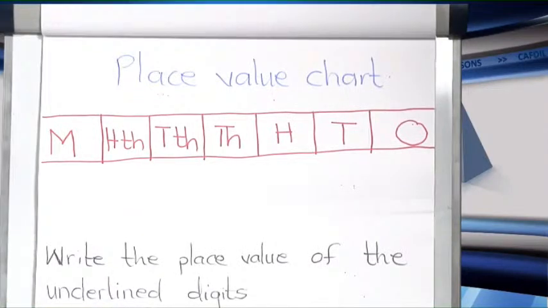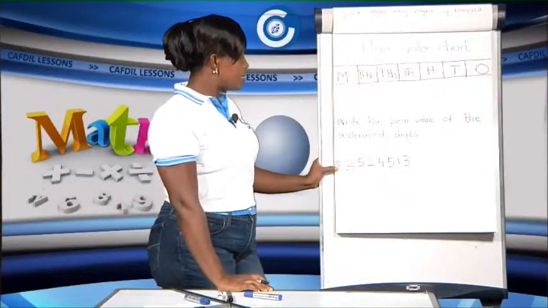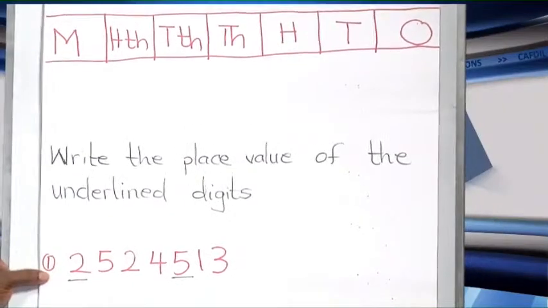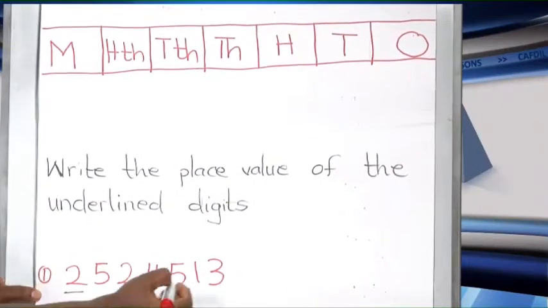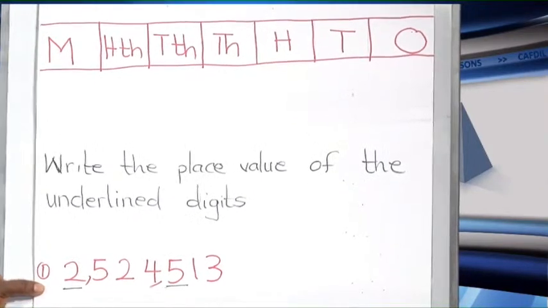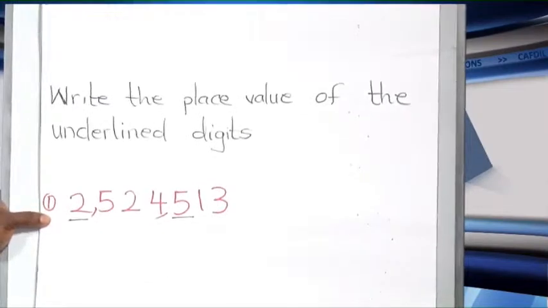Now let's look at this question. Write the place value of the underlined digits. We have 2,524,513.